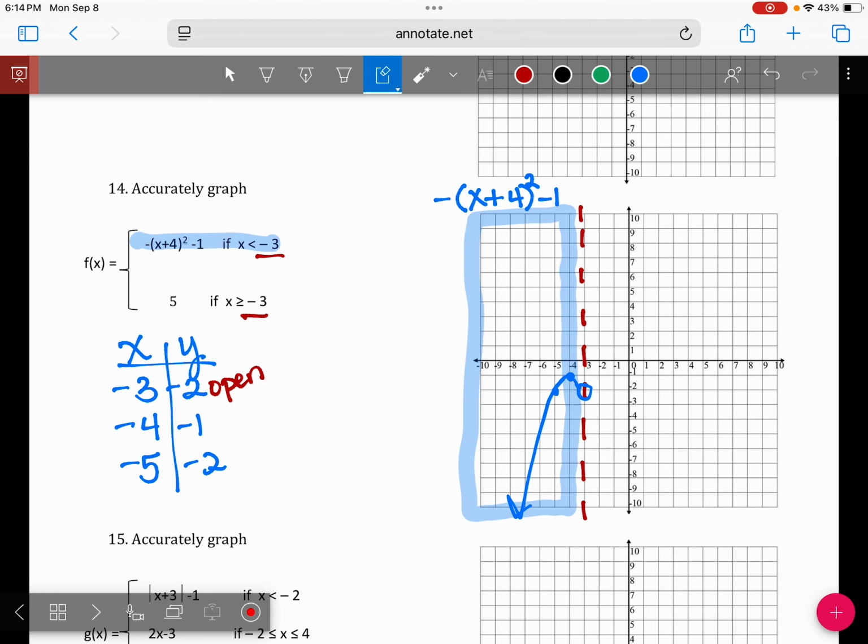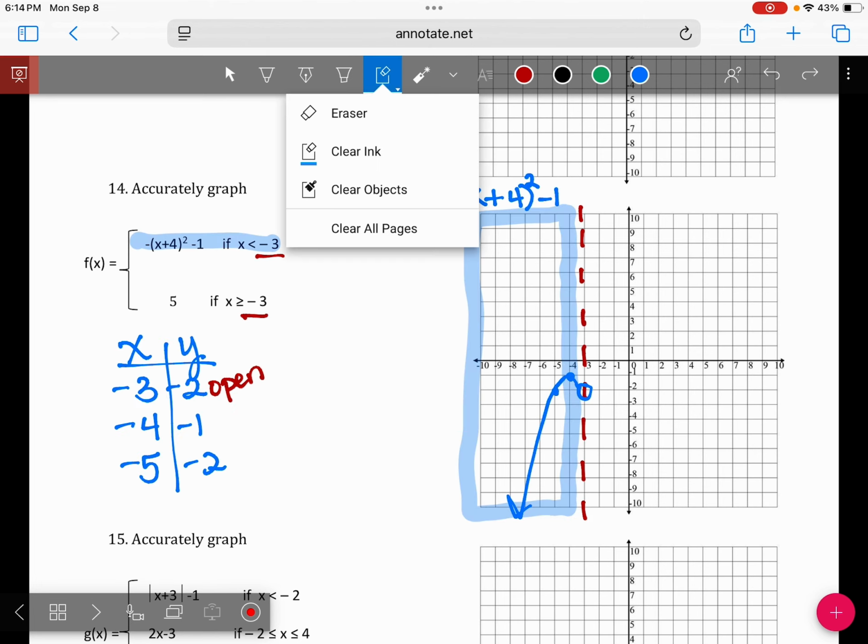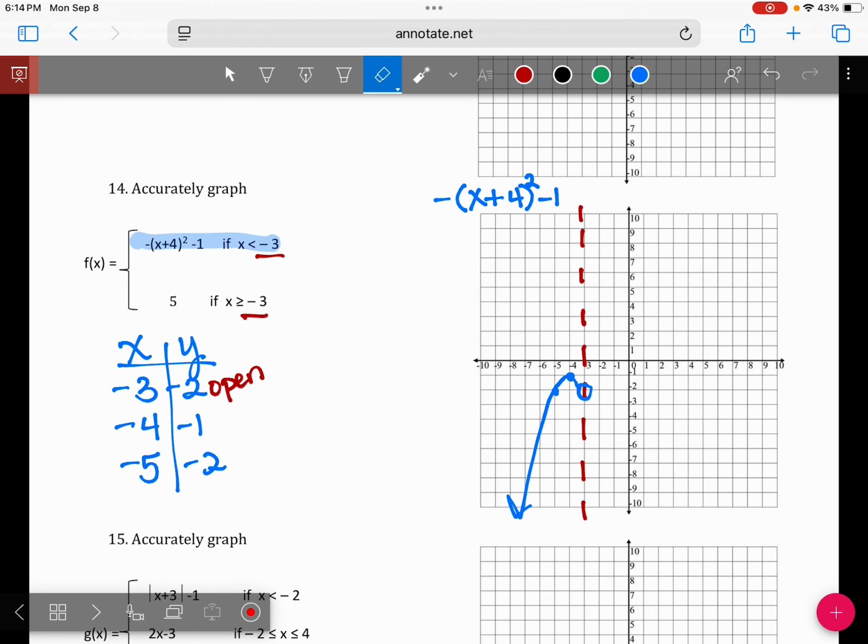All right, so now let's look at my second one. Okay, so now let's look at the second equation. Well, this one is very easy to graph because it's just a horizontal line. What this is saying is that y will always be 5.